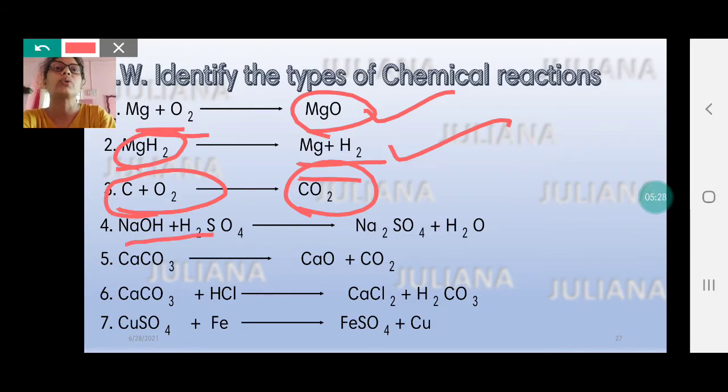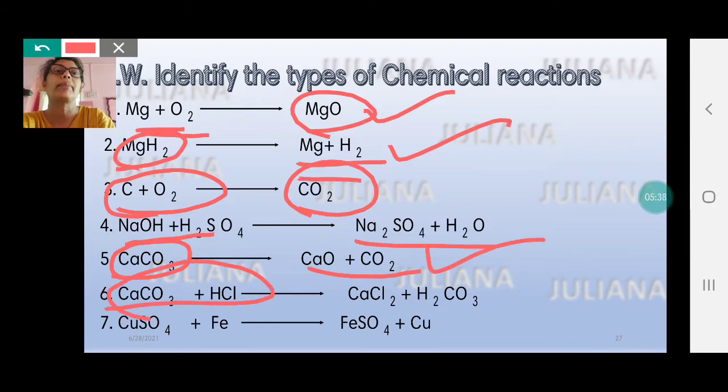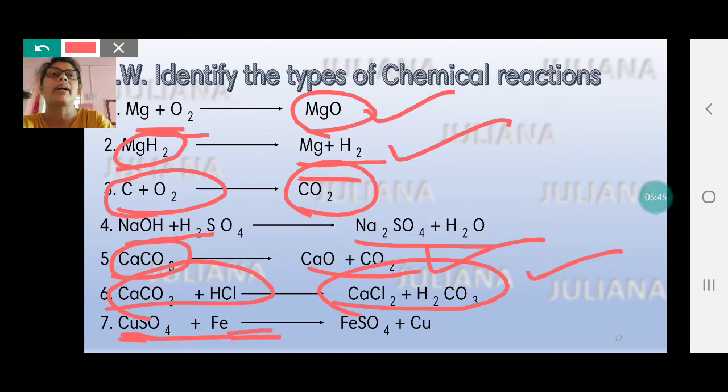Here you have two compounds displacing each other, so double displacement. One reactant giving you two or more compounds is decomposition. Two compounds giving you two different compounds is double displacement. Here you have one element and one compound giving you two, and the element has displaced copper, giving you copper and FeSO4. So this is a single displacement reaction.